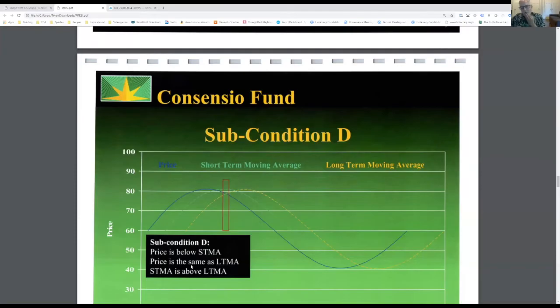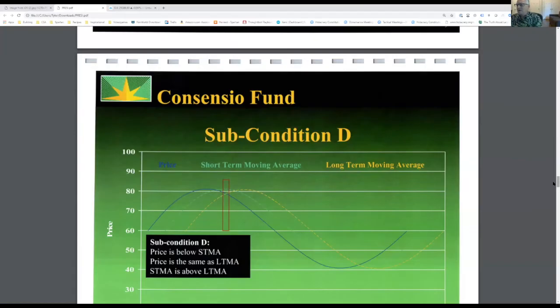Okay, price is the same as the long-term moving average now. In other words, the price has been coming down, the short-term moving average has flattened out, and the price has now touched the long-term moving average.